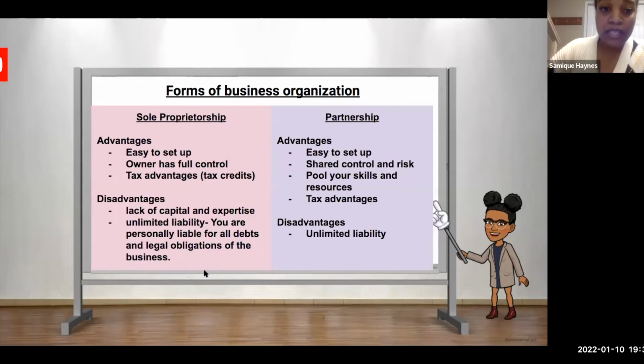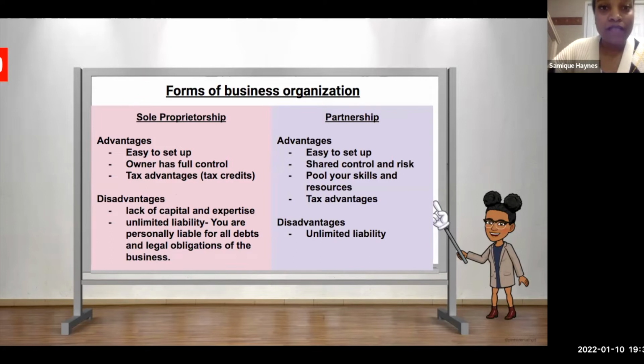And right here on this slide, I have the advantages and disadvantages. As we can see, sole proprietorships and partnerships are easy to set up, so most people will just go for that in the beginning. Small businesses will just do a sole proprietorship, or team up with a friend or a couple of friends and start a partnership.